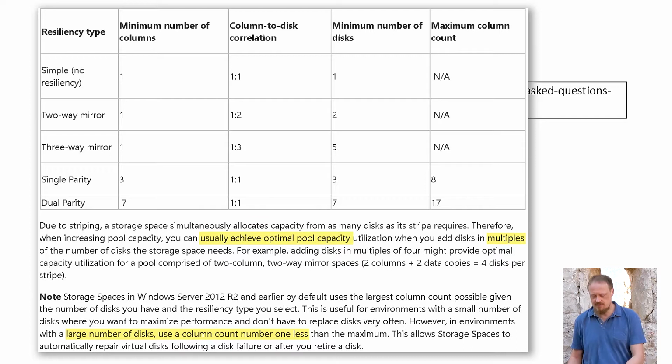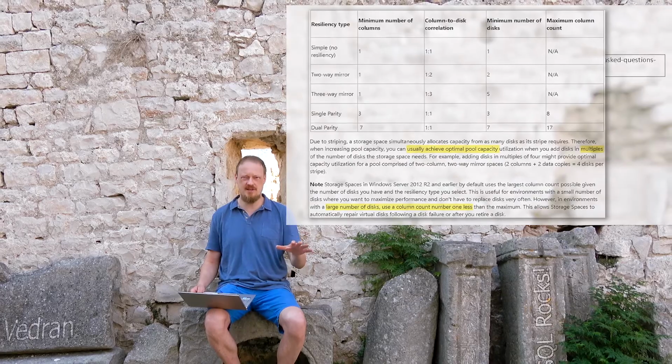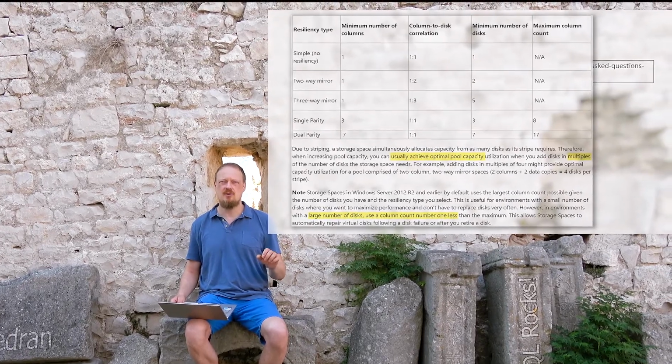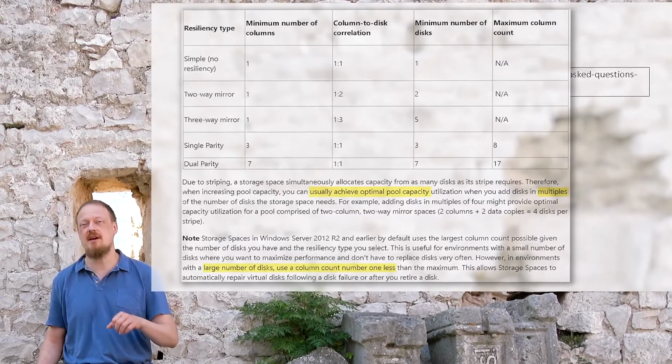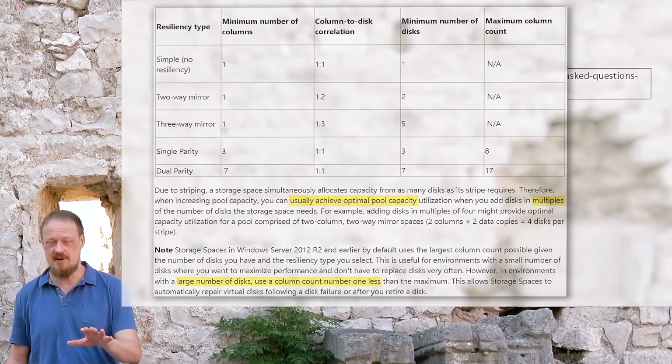If you want to achieve optimal pool capacity, use multiples of the number of disks the storage space needs. That is a simple rule. If you started with 4 disks and you lack capacity, it's the simplest to add another 4 disks, maybe bigger, and you expanded the capacity. That's a simple rule, but we will go beyond that here.